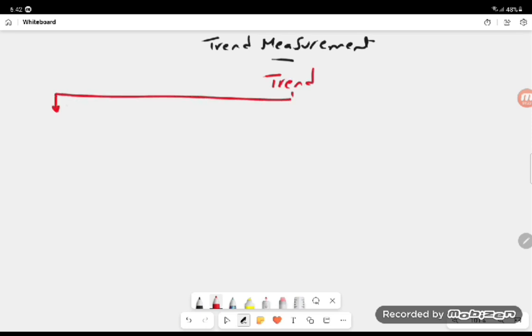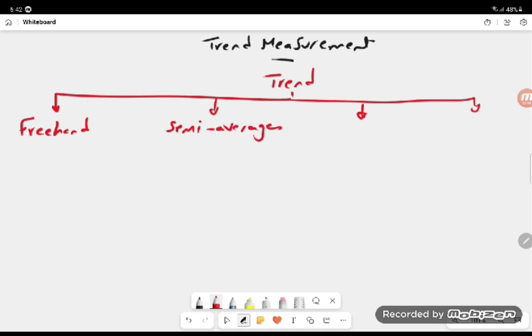Number one, using freehand or graphic methods. And number two, using semi-averages method. Number three, moving averages method.